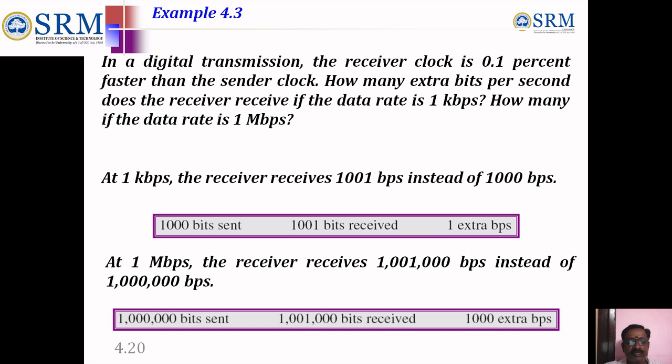The solution: at 1 kbps, the receiver receives 1001 bits per second instead of 1000 bits per second, so 1 bit per second is extra. At 1 Mbps, the receiver receives 1,001,000 bits per second instead of 1,000,000 bits per second, that is 1000 extra bits per second.